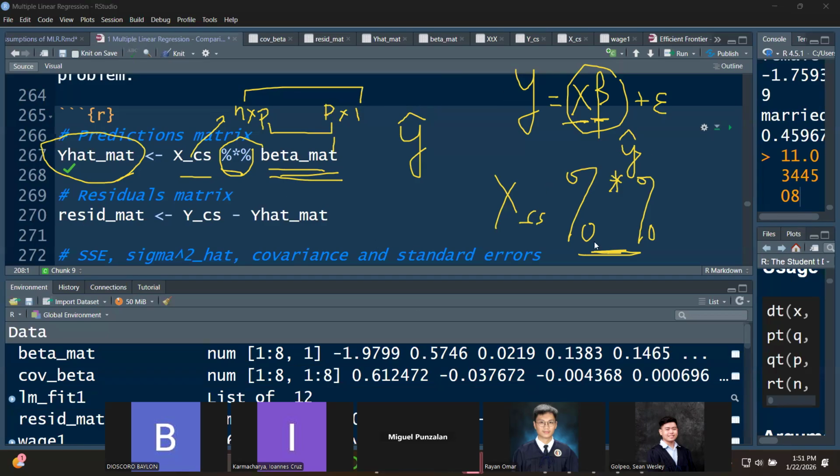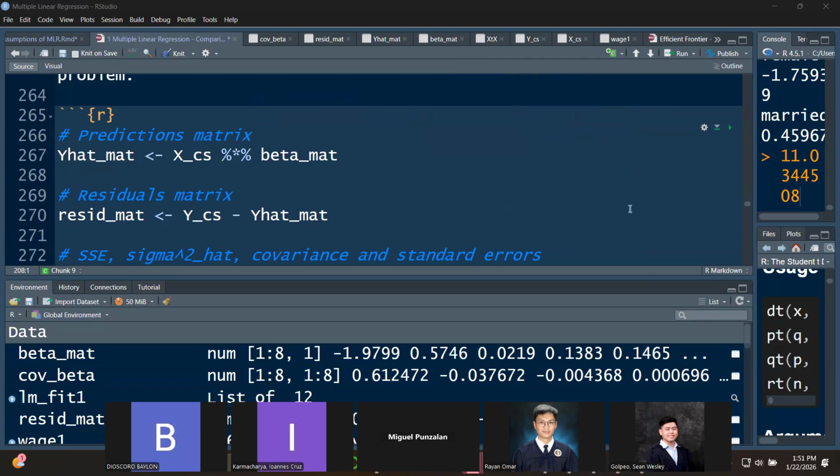Okay, so when you run that, let me pause for a while, and I'll wait for you to tell me if you're able to get this y hat mat. Kindly please chat in the chat box. Check the values, class. It should be n by 1. There should be 526 observations and 1 column. Please confirm if you got that result. 526 rows of observation by 1.